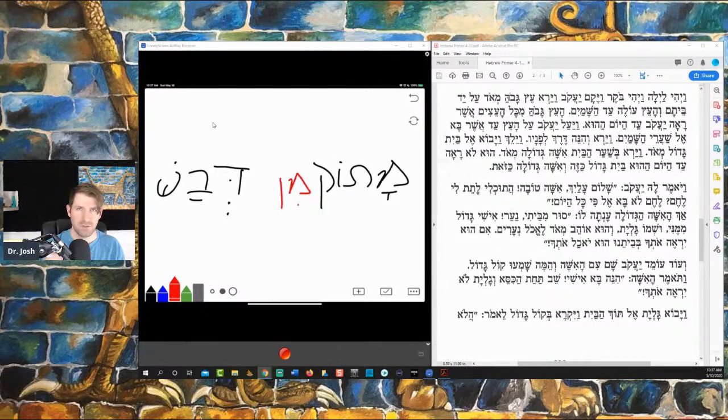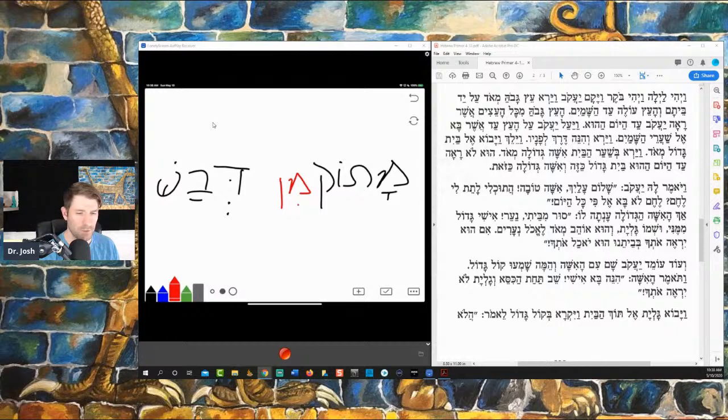So it's sweet away from honey, if that makes sense. So min has this idea of being separated out from, coming out of, right? When they say it's sweet away from honey, we translate that sweeter than honey.